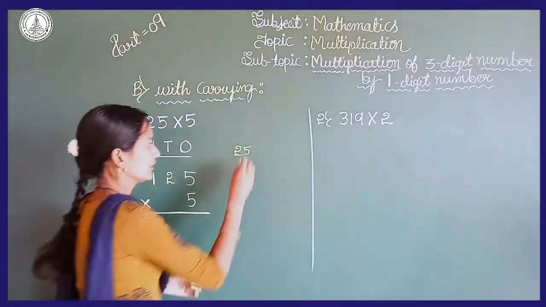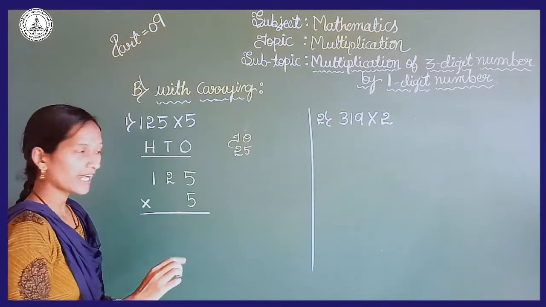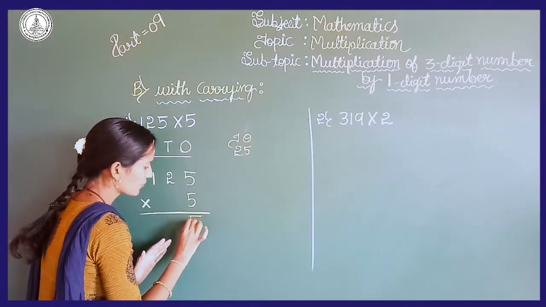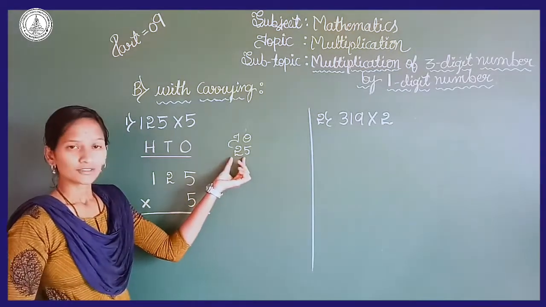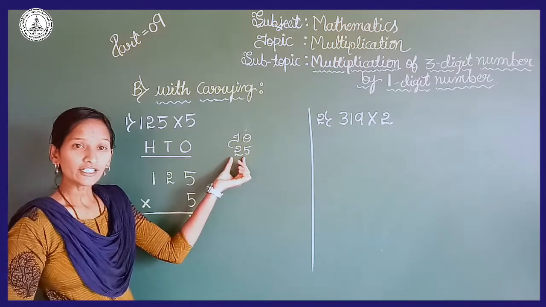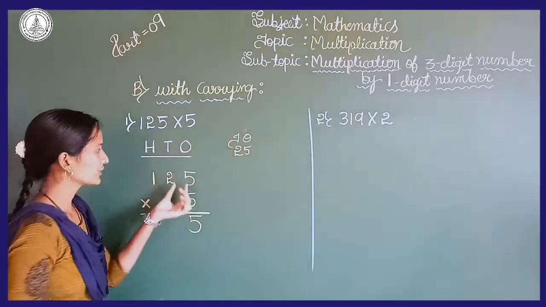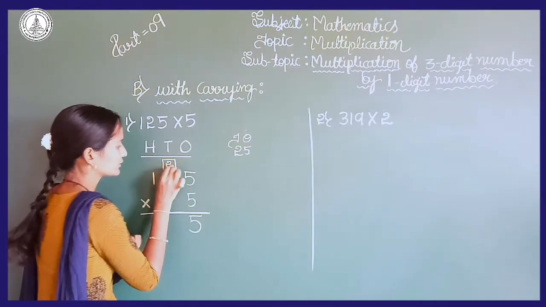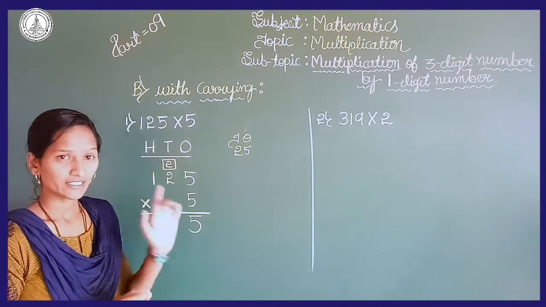In 25, this 5 is in the ones place and 2 is in the tens place, right? So this 5, write down under the ones column. And the 2, here 2 tens are there. So you carry over to the tens column. So I am writing this 2 in a separate box here because it is a carry, right?